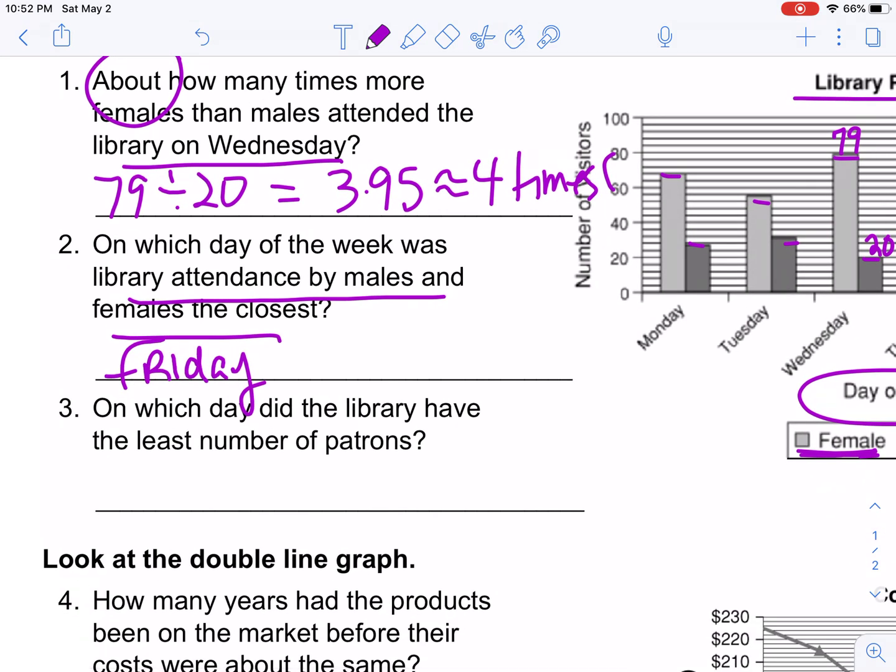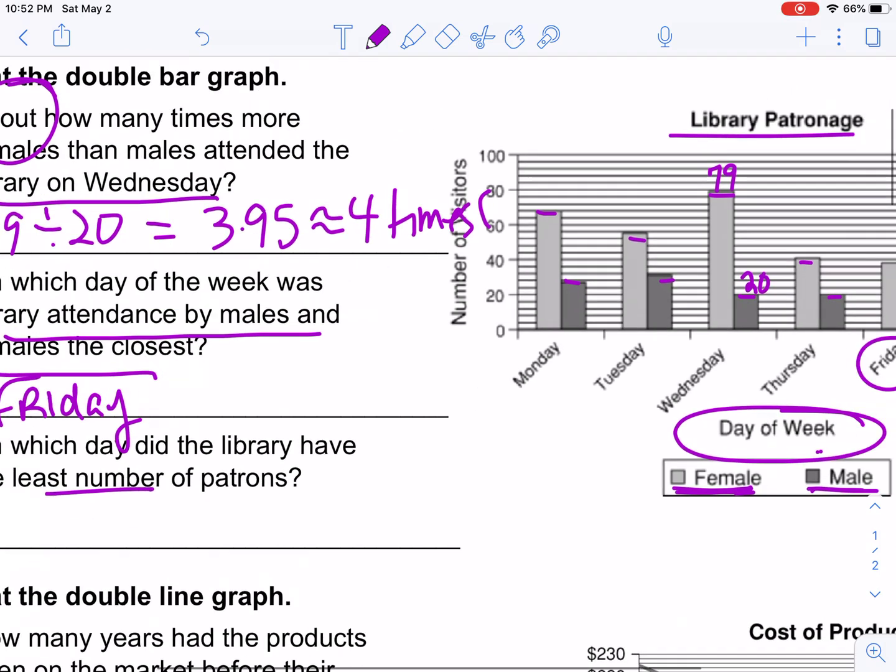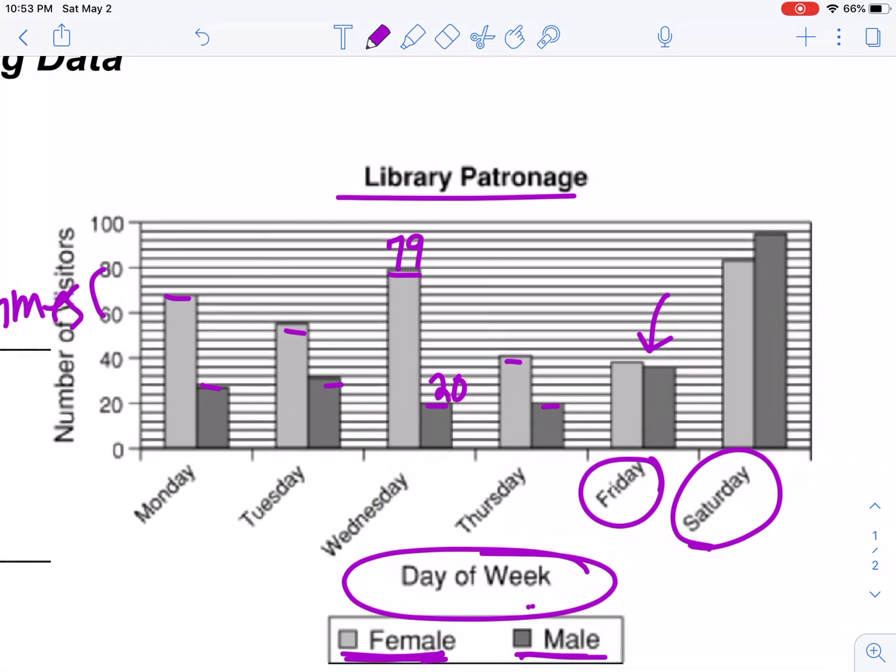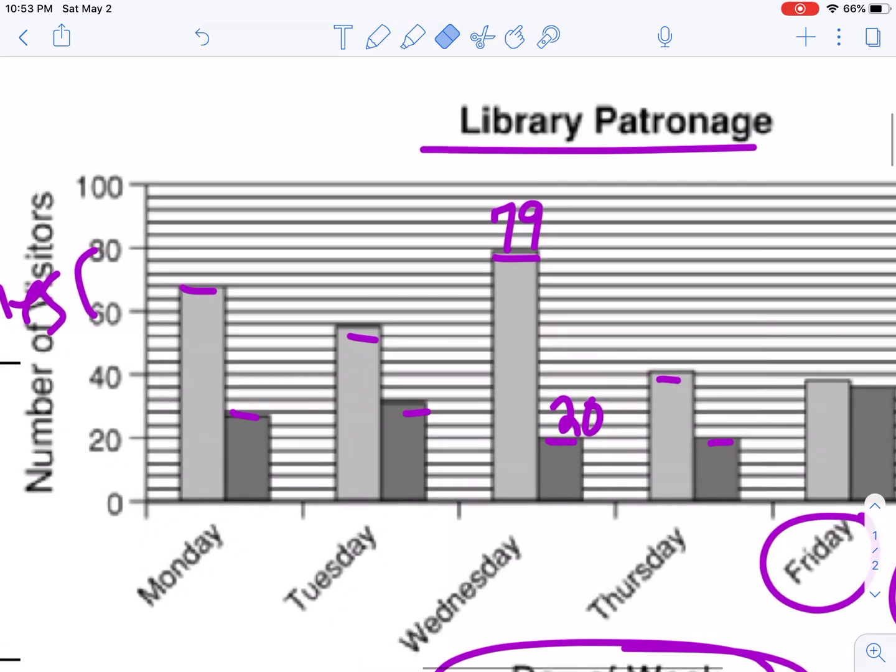Number 3, on which day did the library have the least number of patrons? So it doesn't matter male or female. This is where we need to identify how many males and how many females showed up on a given day. So if I look here, this right here is about 60. Of course, it's going by different numbers.